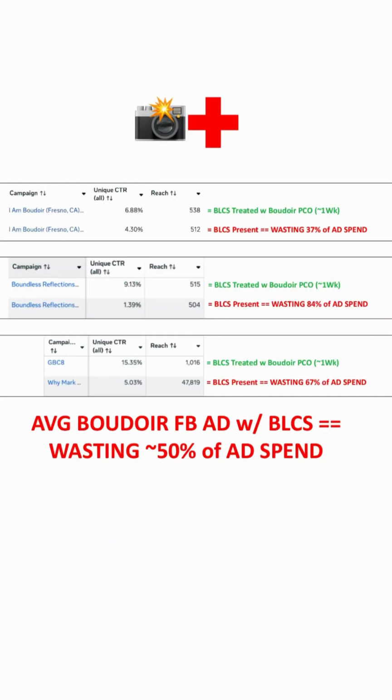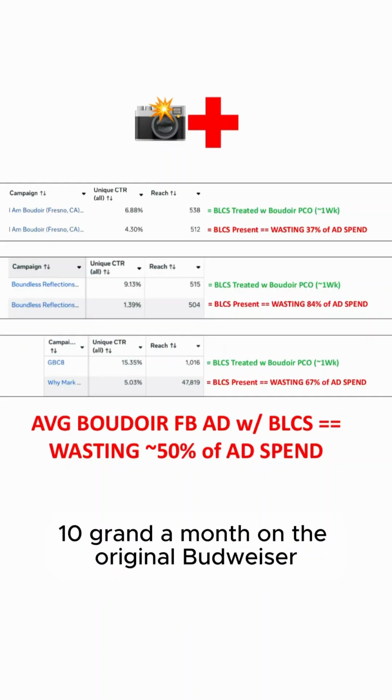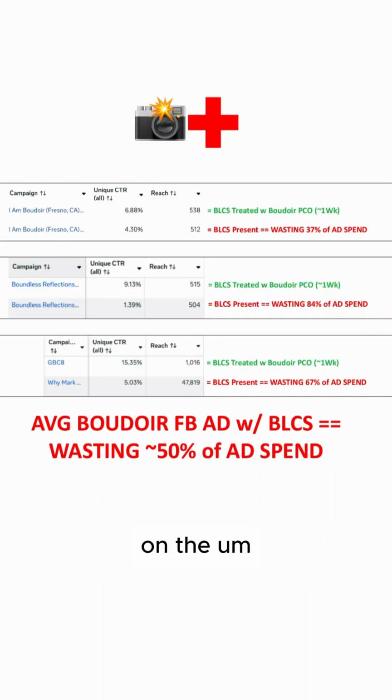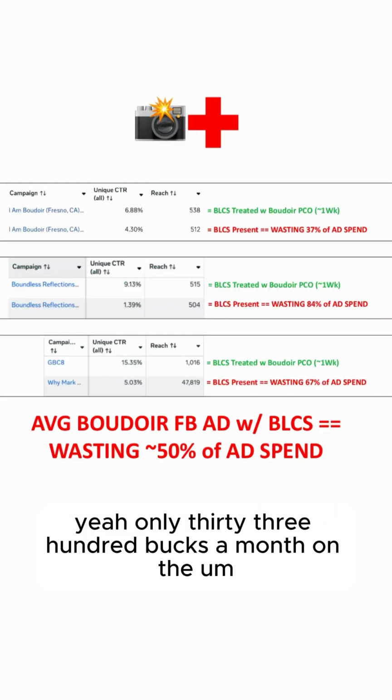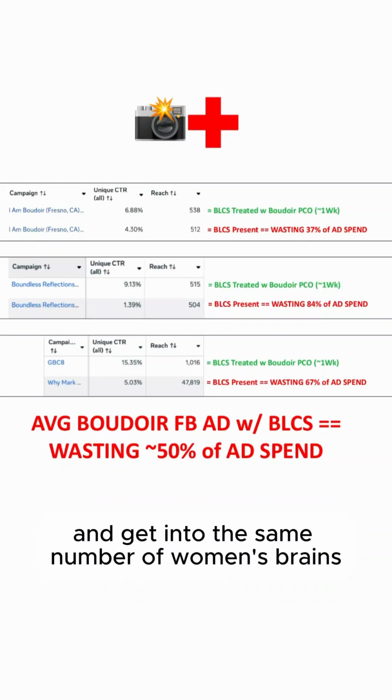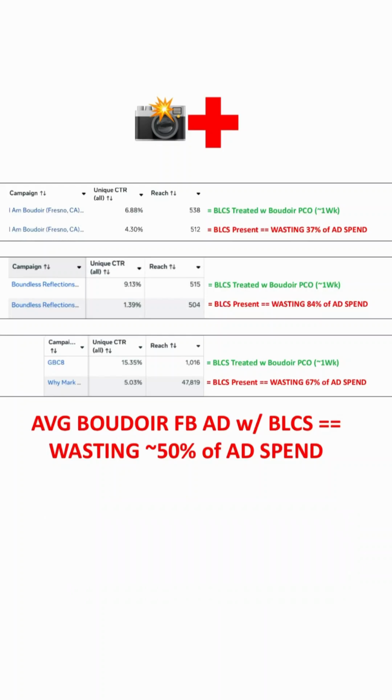Like, if they spend 10 grand a month on the original boudoir Facebook ad, they only need to spend 3,300 bucks a month on the boudoir Pico treated ad and get into the same number of women's brains.